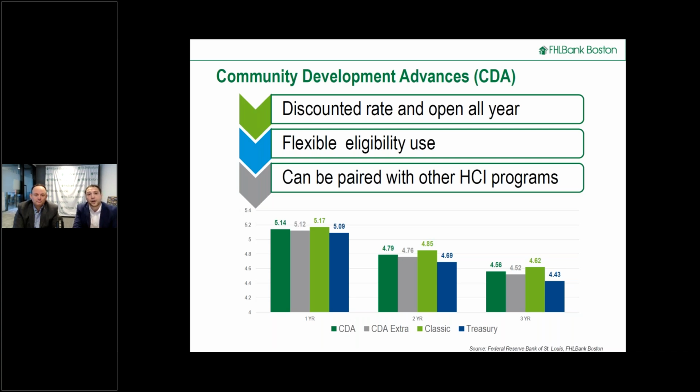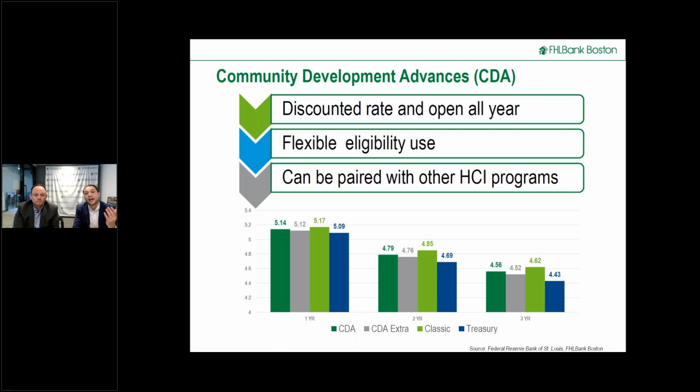The second point, and probably a more important one, is the difference between the CDA extra rate and our classic rate, because I am sure that a lot of our members are currently lending on projects that could leverage the CDA and CDA extra rate, but you're just using the classic rate.